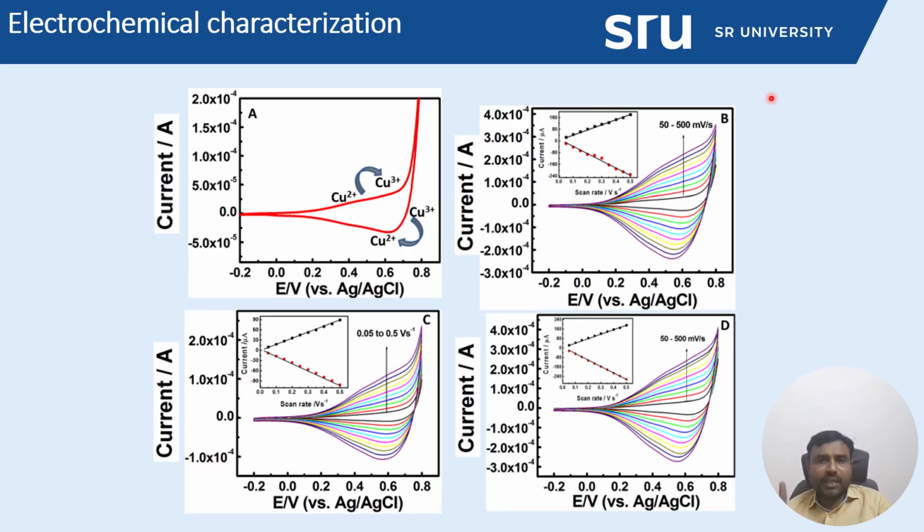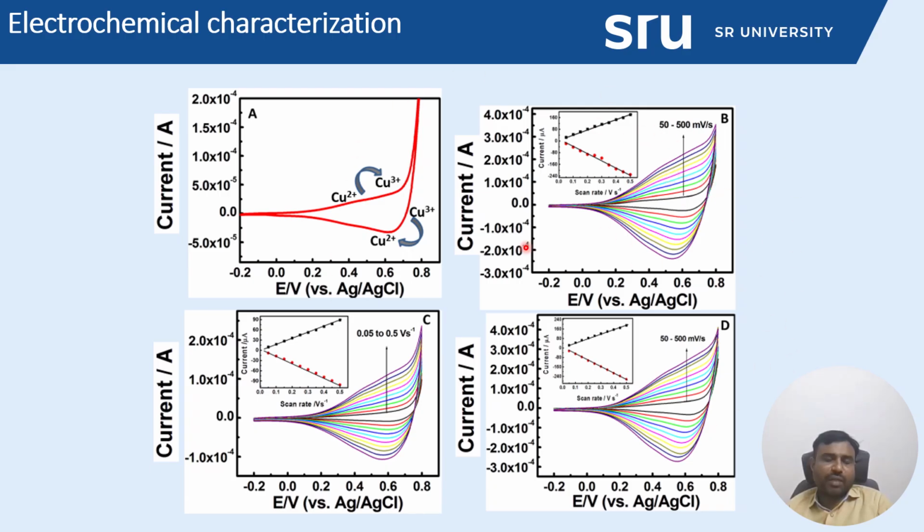This is the preliminary characterization of the as-derived copper material. We have performed this electrochemical characterization in the potential range between minus 0.2 volt to 0.8 volt. We have used the same potential range for all the copper sulfide modified electrodes in the presence of 0.1 molar NaOH solution used as the electrolyte.